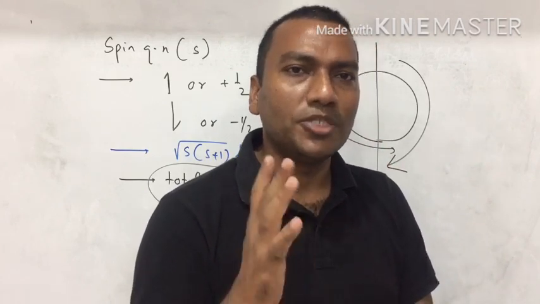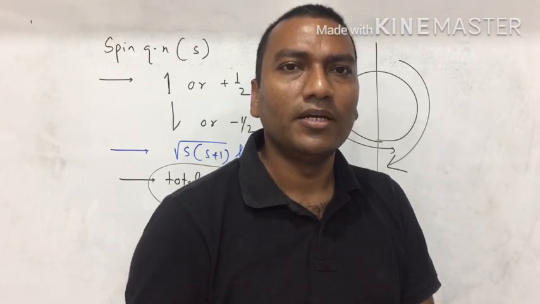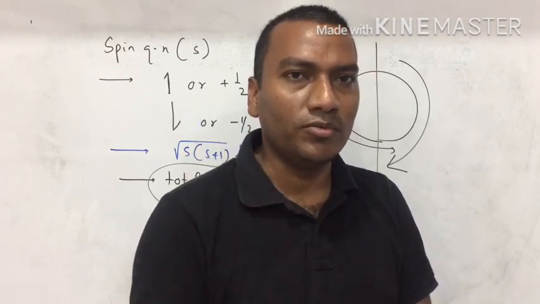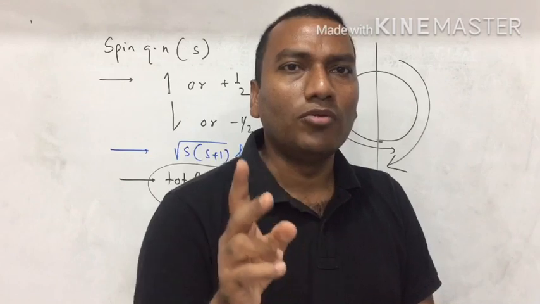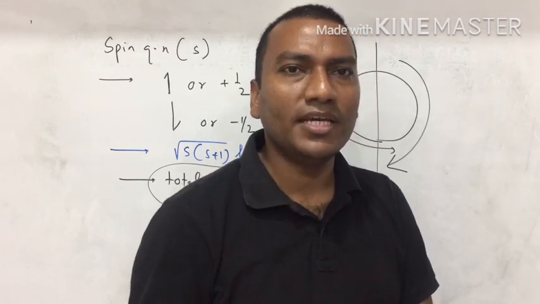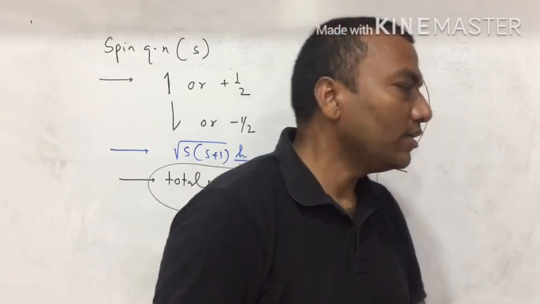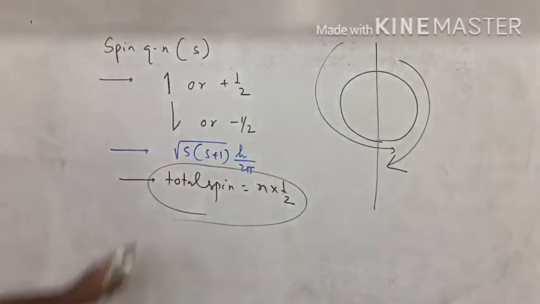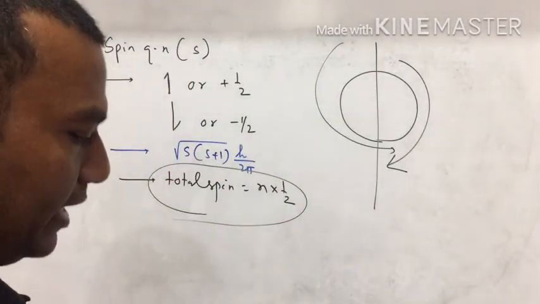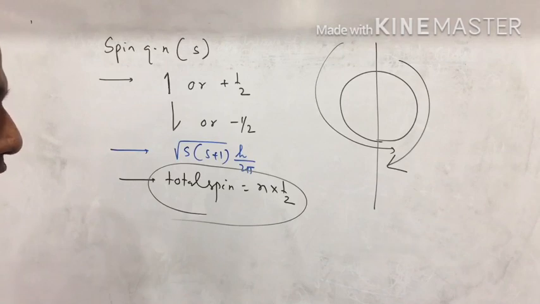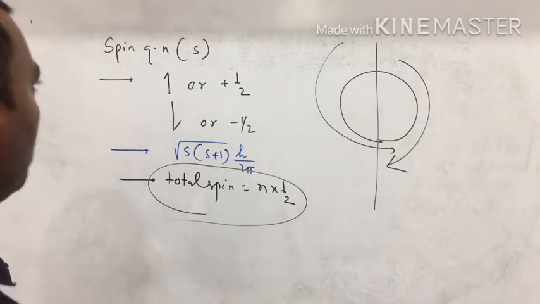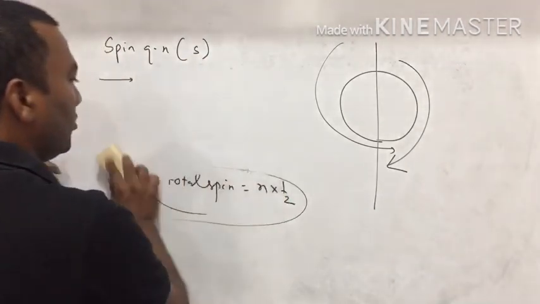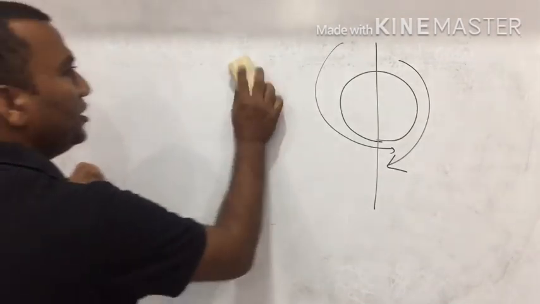Spin quantum number explains that each orbital contains 2 electrons, one clockwise and another anti-clockwise, plus the angular momentum formula and the total spin formula. Using all these 4 quantum numbers, now we'll read 3 theories or 3 rules.